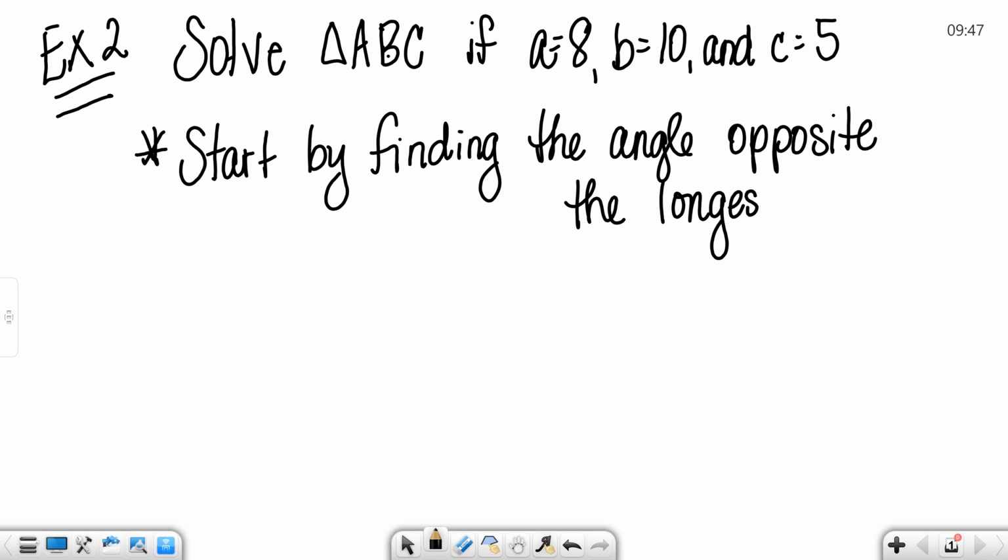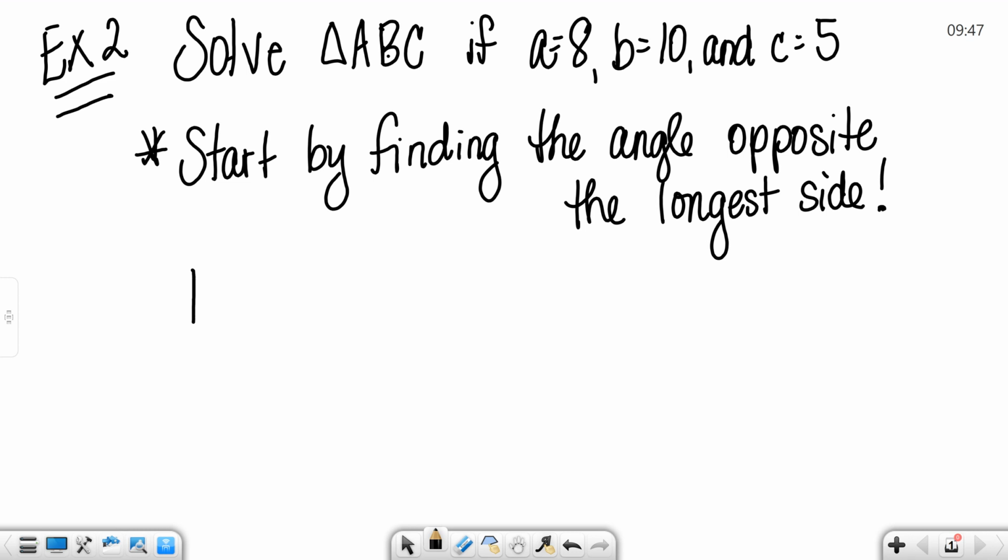Now you may not think that it's going to matter, but it does. And I could go through a big explanation of why it matters, but this is one of those cases where you want to take my word for this one. So we're going to start by finding the angle opposite the longest side. So obviously our longest side is B, so we're going to start by finding angle B.